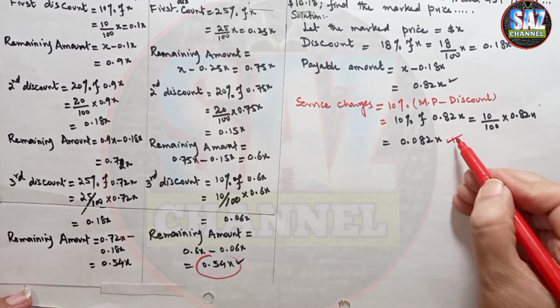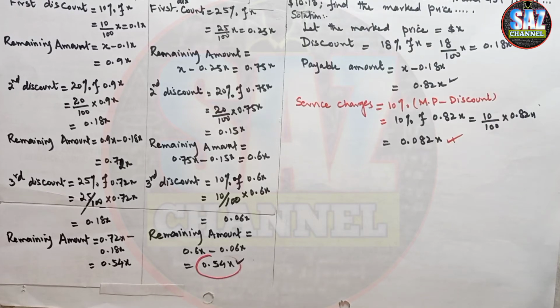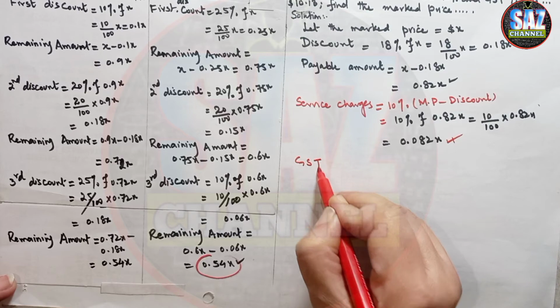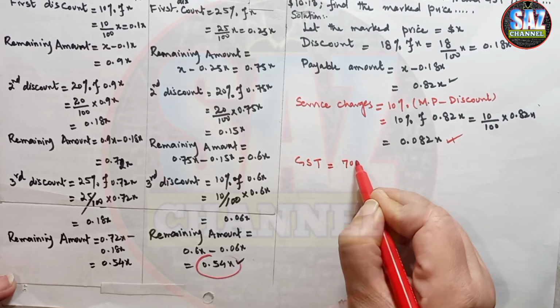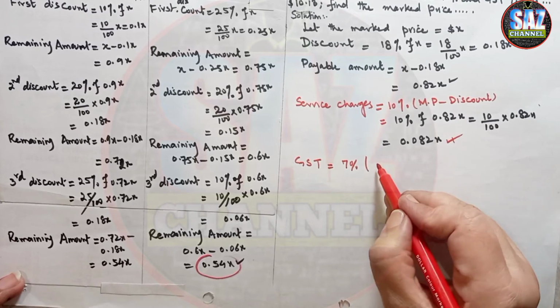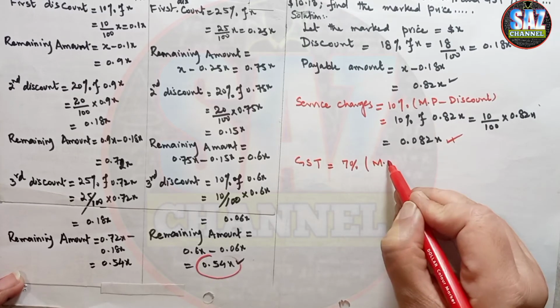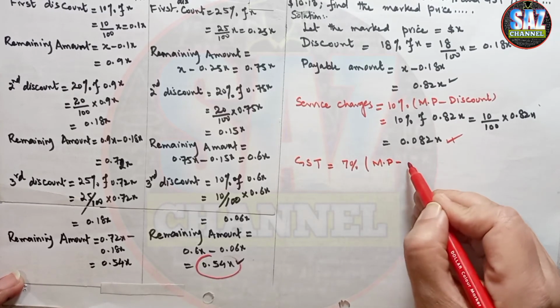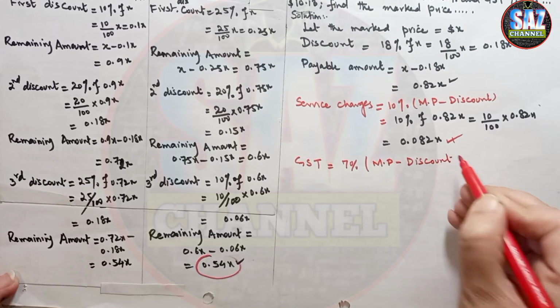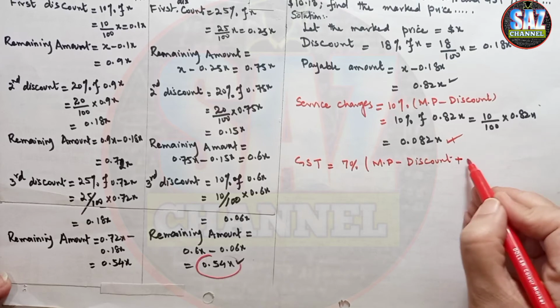Okay, and now she has to pay the GST as well. So GST payable will be equal to 7% of what? Your mark price minus discount and plus service charges.